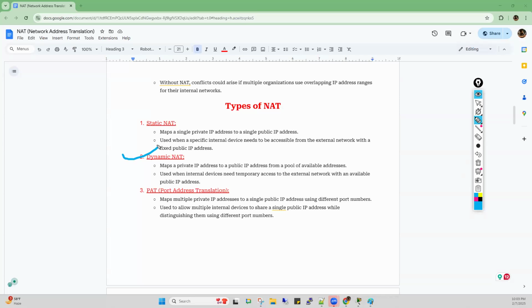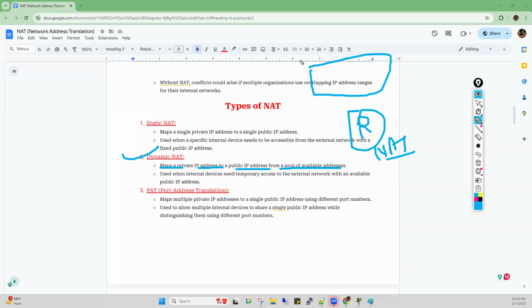Now guys, the next type of NAT is called dynamic NAT. It maps a private IP address to a public IP address from the pool of available IP addresses. For example, this is the router and if you want to configure NAT here, you will configure a pool of public IP addresses. Now if this router receives any packet from any source sitting in the private IP address range, what will this router do?